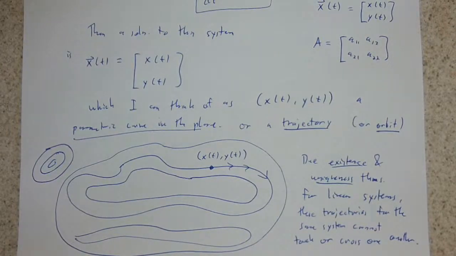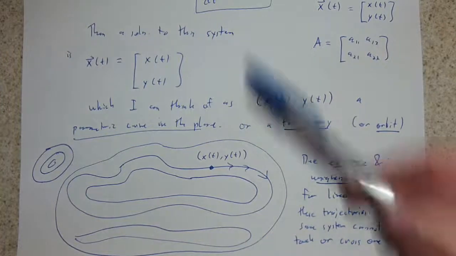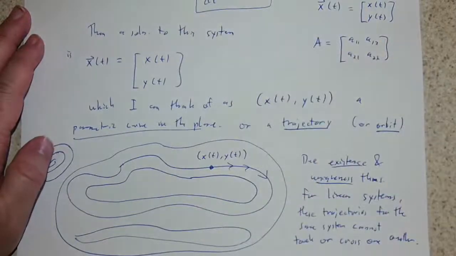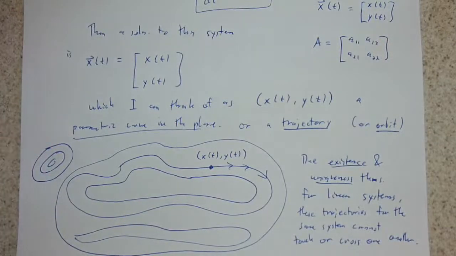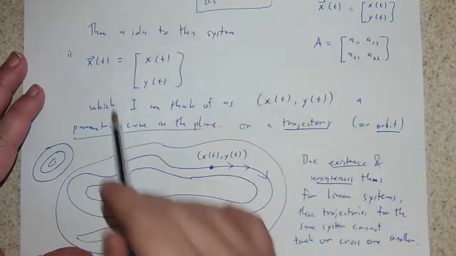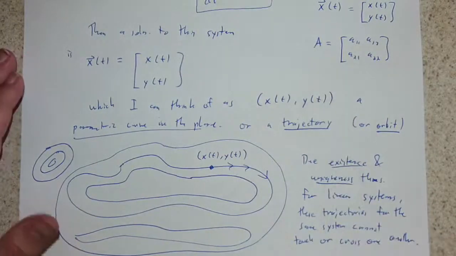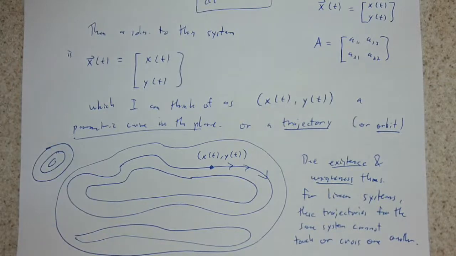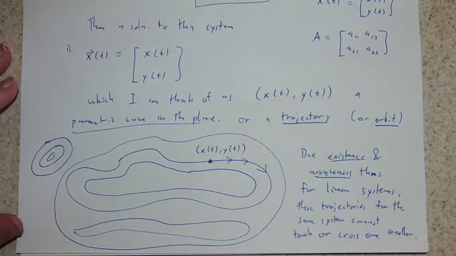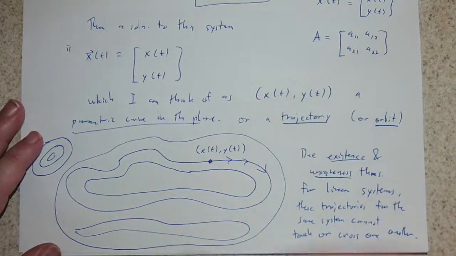The usual way of thinking about this is the following. I'm looking for the general solution, so any solution to this is some parameterized curve. Different choices of C1 and C2 give different families of parametric curves like this. But these are not allowed to cross or touch, because that would indicate a failure of uniqueness of solutions to this system, and by the existence and uniqueness theorems, we know we have these.